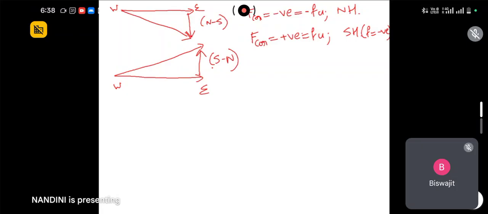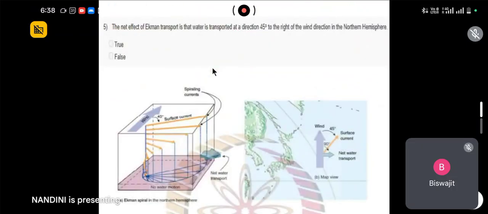Now this is in the case of the surface current. As I said, this momentum is also being transferred to the deeper layers, and as it gets transferred, it creates a spiral-like structure. So here you can see if the wind is blowing like this, the surface current is moved 45 degrees to the right of the wind direction.